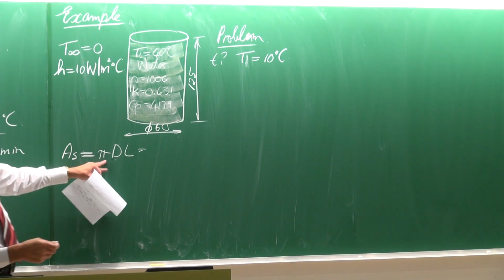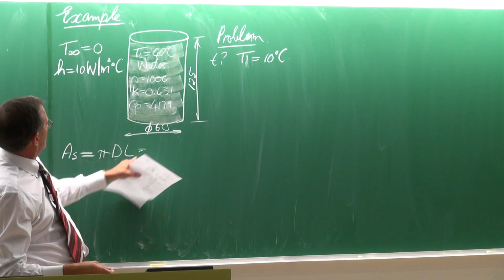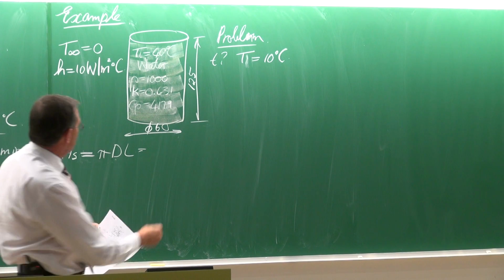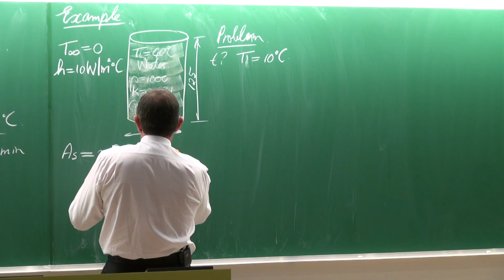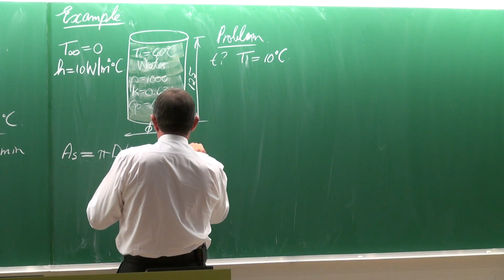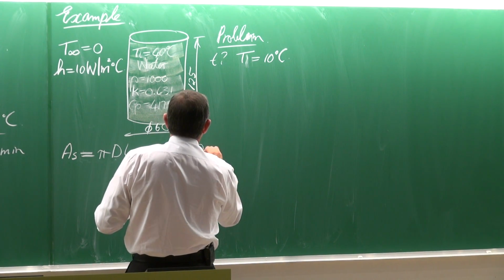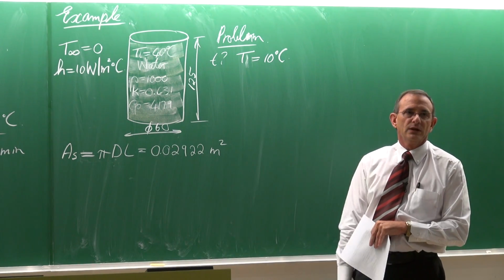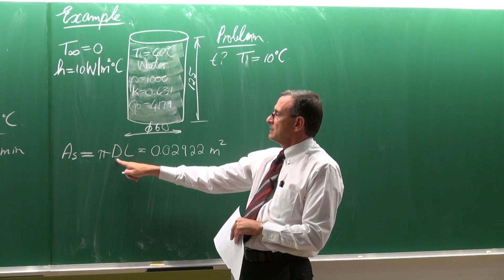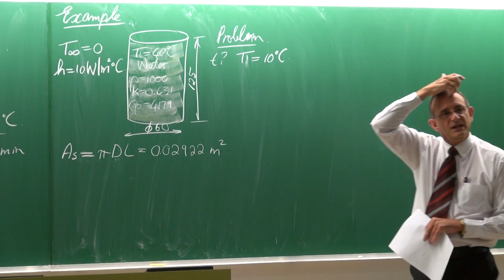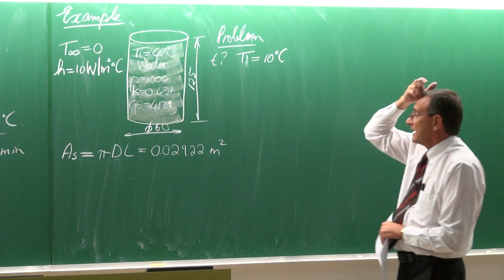The diameter we have is 60 millimeters, and the length is 0.125 meters. So if we add that in there, the surface area works out as 0.02922 square meters. Pi multiplied by the diameter, 0.06, multiplied by L, 0.125 meters. So that's the surface area of the can of beer.